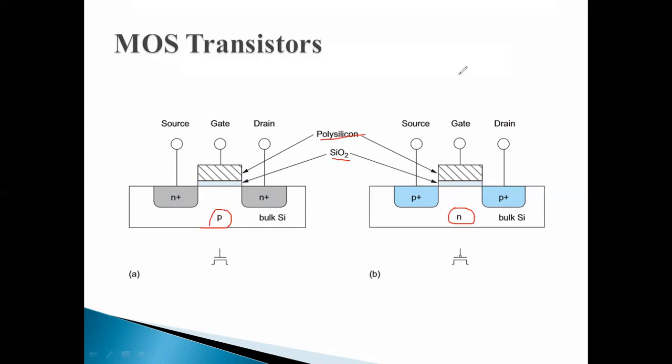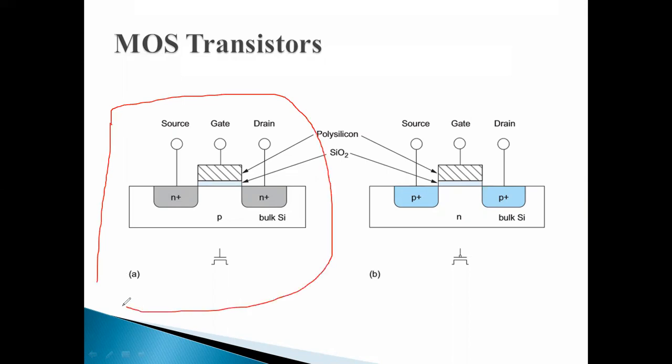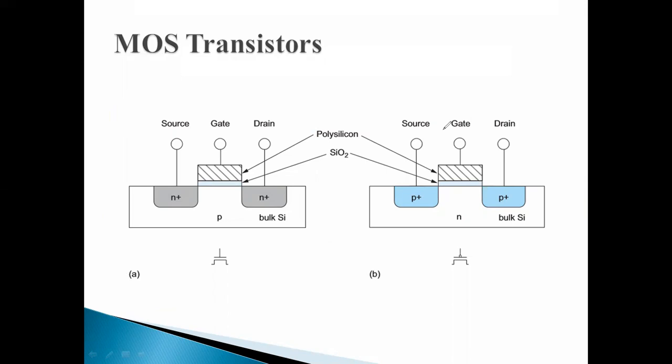Let us focus upon the N-channel MOSFET separately and the P-channel MOSFET separately. Let us first discuss the NMOS transistor. This NMOS transistor is built with a p-type substrate, or p-type body, and has regions of n-type semiconductors adjacent to the gate, called the source terminal and drain terminal.